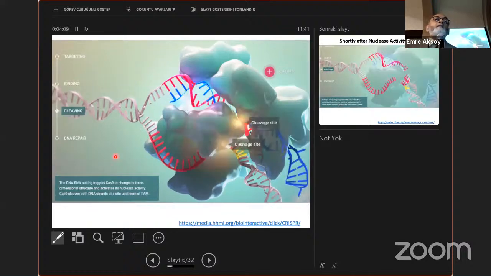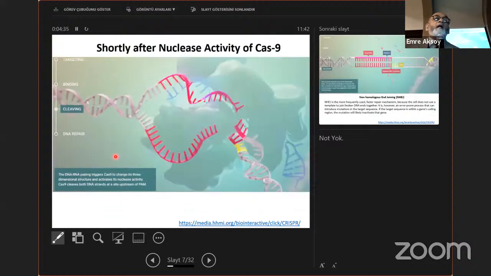The next step is cleaving. The DNA-RNA pairing triggers Cas9 to change its three-dimensional structure and activates its nuclease activity. Cas9 cleaves both DNA strands at a site upstream of the PAM.